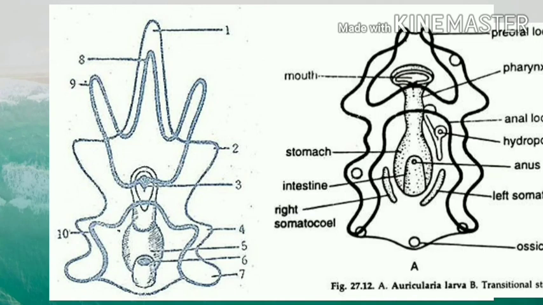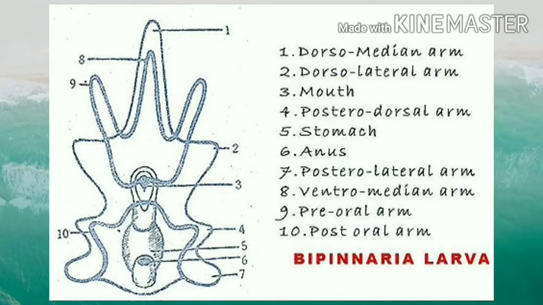Then the body of the bipinnaria larva is externally bilaterally symmetrical, and it is a free swimming larva. The anterior end of the archenteron develops as the mouth and the blastopore becomes the anus. So these are called the deuterostomes. The preoral and postoral ciliated bands are continued, and those are called arms.